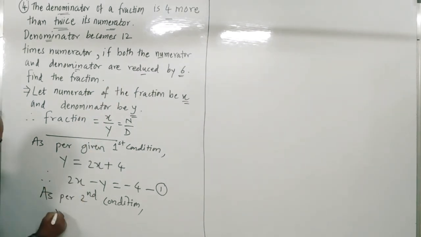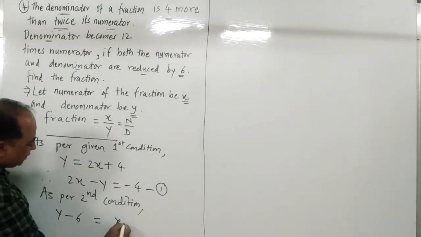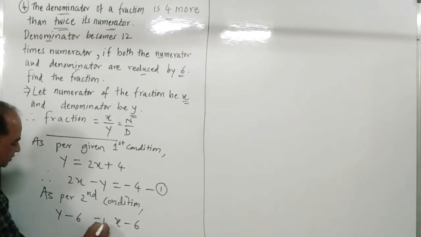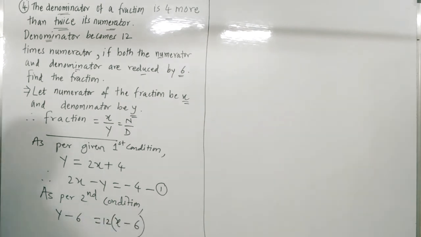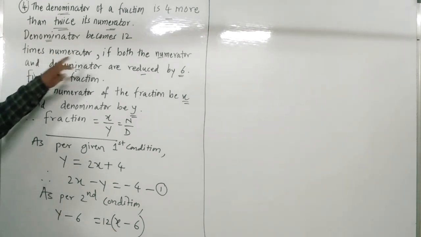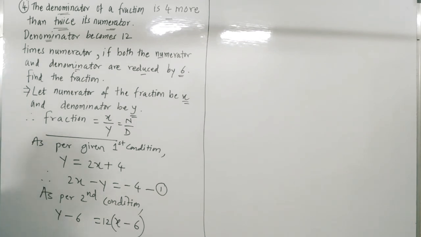So numerator and denominator both reduced, y minus 6 and x minus 6. y minus 6 is 12 times x minus 6. When the numerator is reduced by 6, the denominator is 12 times the numerator.